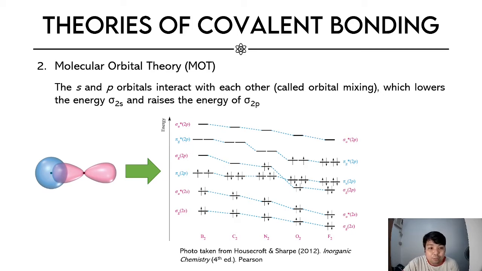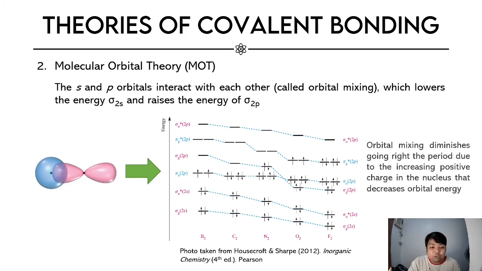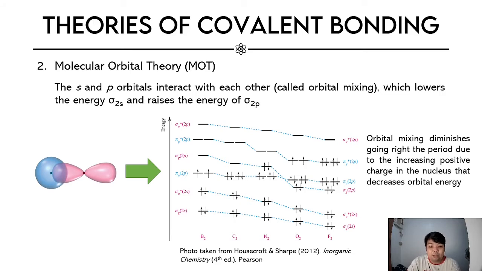And if you notice, going to the right of the periodic table, the energy of the sigma 2p decreases until oxygen and fluorine, wherein sigma 2p will now be lower than pi 2p. The reason for that is that as you go to the right of the periodic table, the positive charge of the nucleus increases since you increase the number of protons.